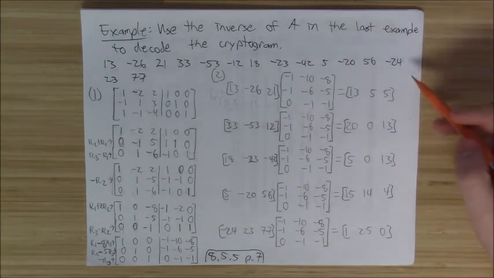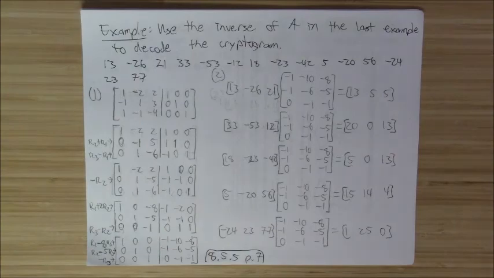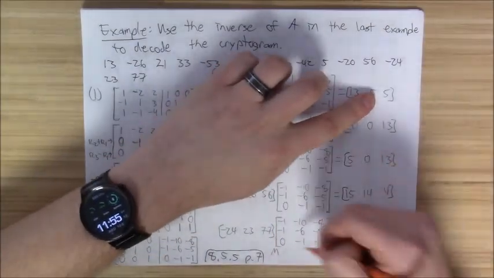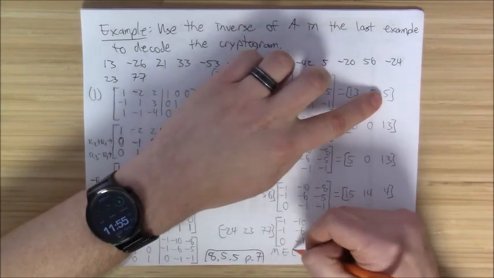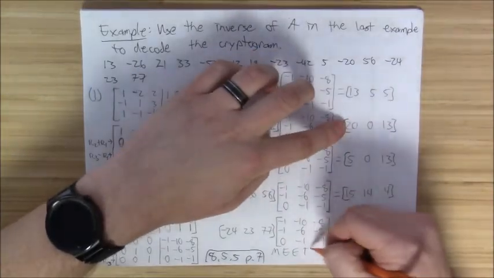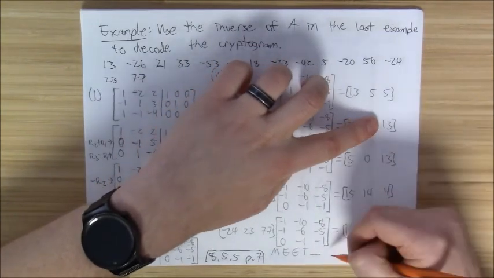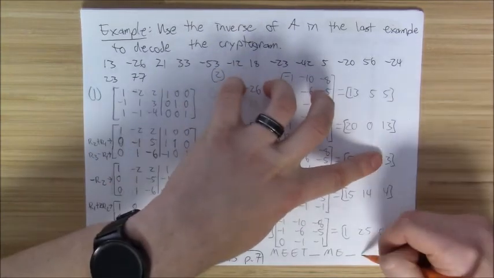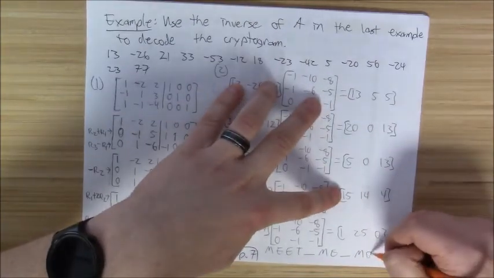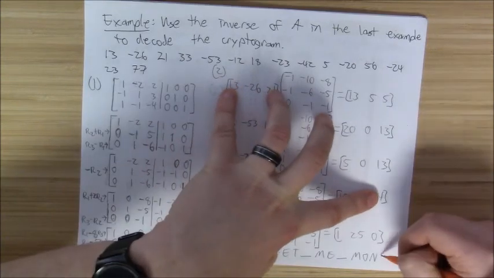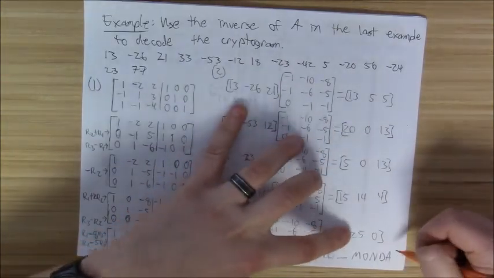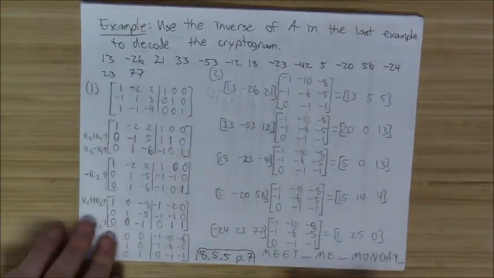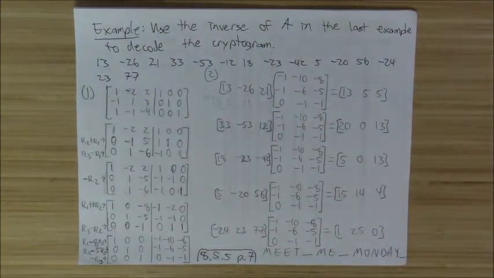And so the final message would be M, E, E, T, blank, M, E, blank, M, O, N, D, A, Y, blank. So it would be meet me Monday, like we had in the first example.